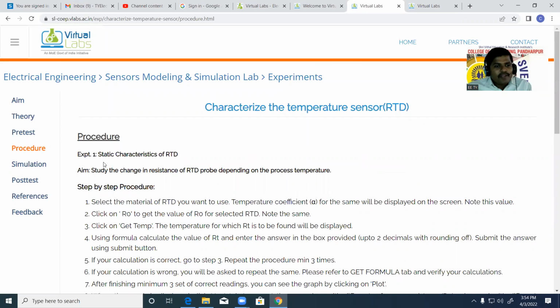Okay, see, in the static characteristics, the aim is to study the change in resistance of the RTD probe depending on the process temperature. See how the RTD will work. As we know, if the temperature changes, what is the first effect?